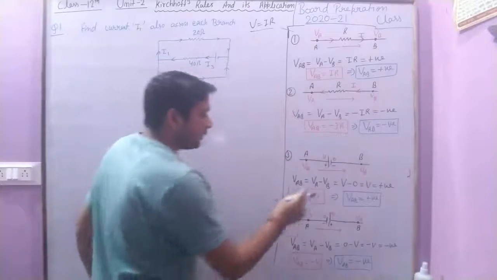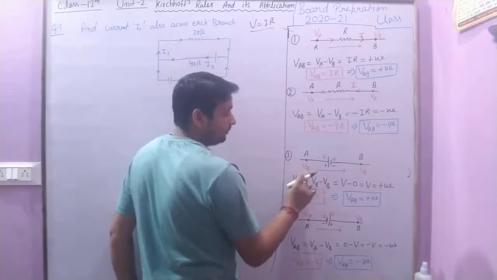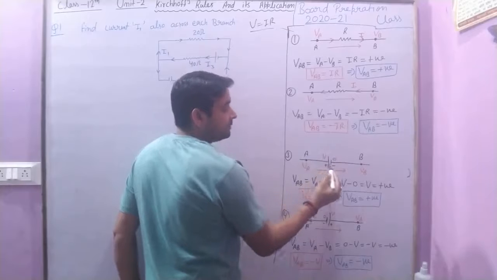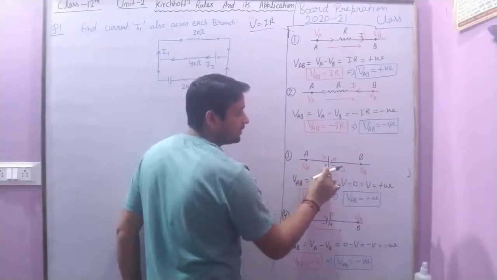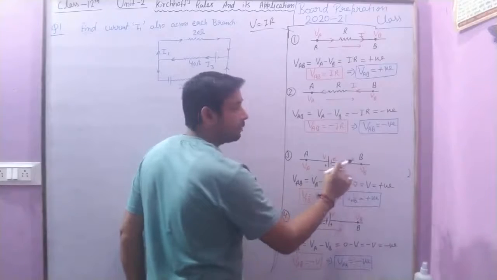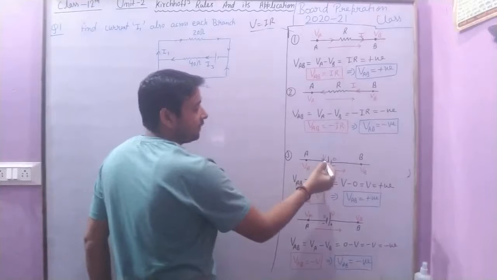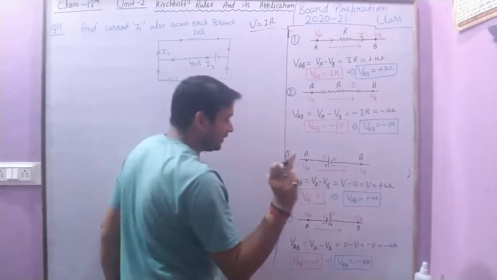Now, for the cell, we are moving from point A to B. When we move from A to B, we are jumping from the positive terminal to the negative terminal. The positive terminal is at potential V and the negative terminal is at potential 0.